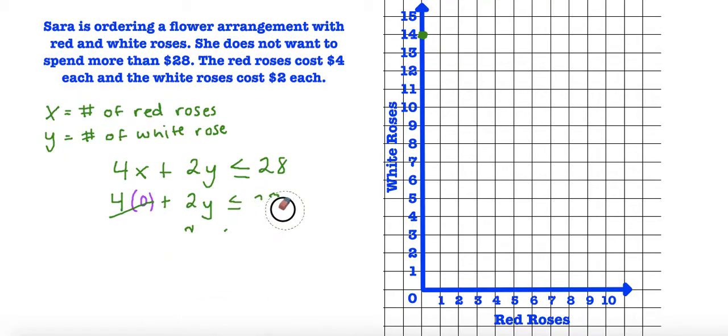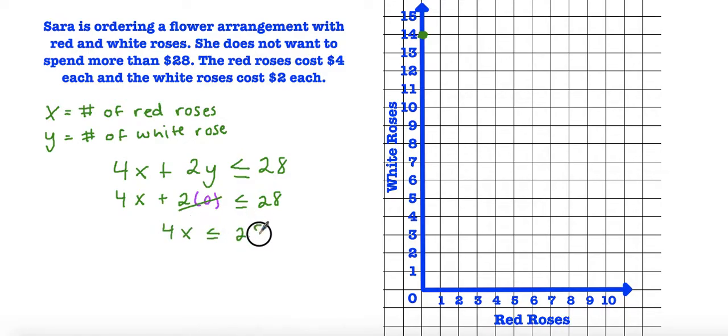And now we're going to substitute the y with 0. So 2 times 0 is 0. So we have 4x is less than or equal to 28.